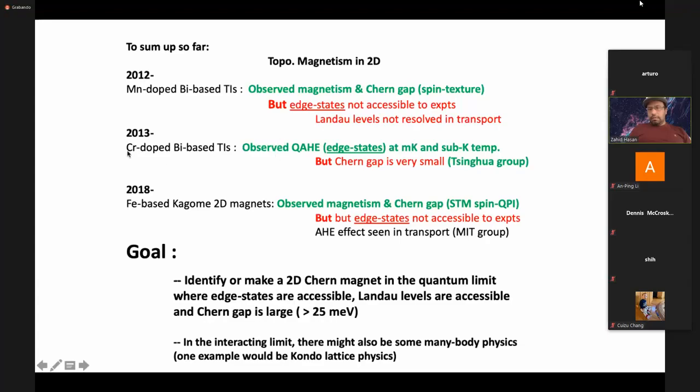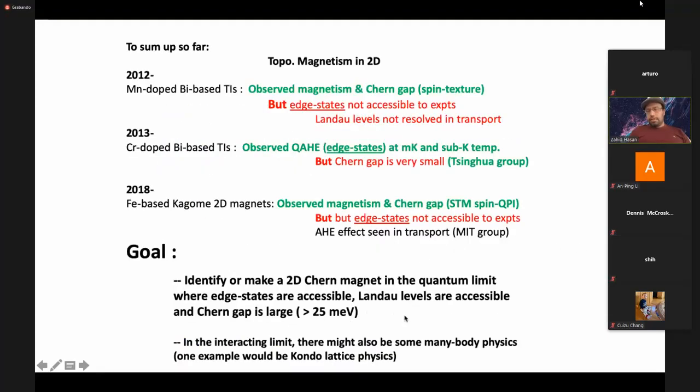The chromium-doped bismuth selenide is at very low temperature, and you can hardly do any spectroscopy to actually learn what is going on in that system, or whether there is any many-body effect. Is there nematicity, or what is the Luttinger scaling? Is there a Luttinger liquid state there? None of those can be addressed there. So we need a new material platform where these things could be done.